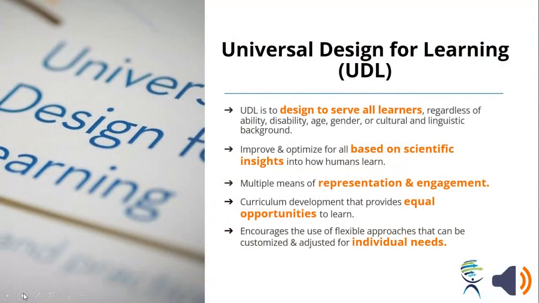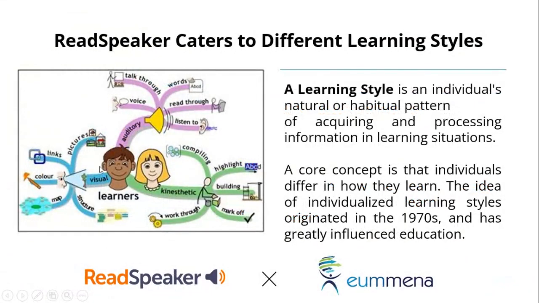So moving forward to universal design for learning. And what is actually universal design for learning? Universal design for learning is a principle based on making study material accessible for students in the way they like it or use it the best. And as you can see in this slide, not all students are the same.